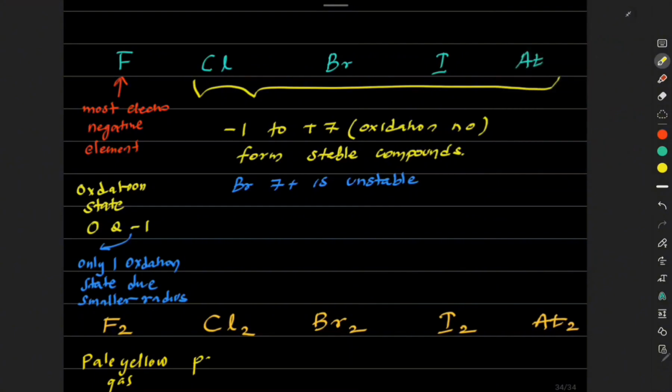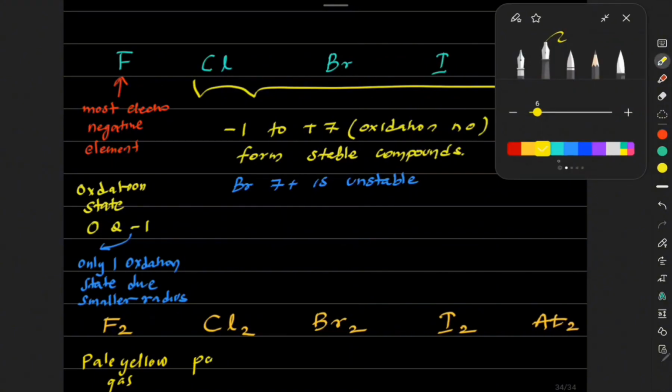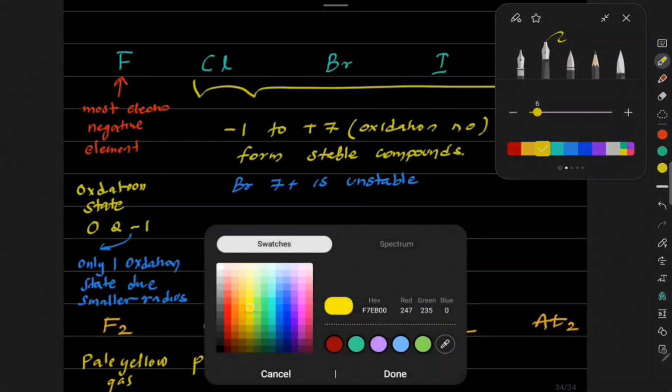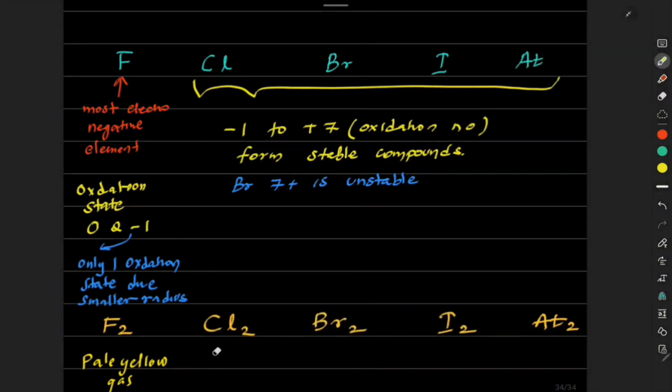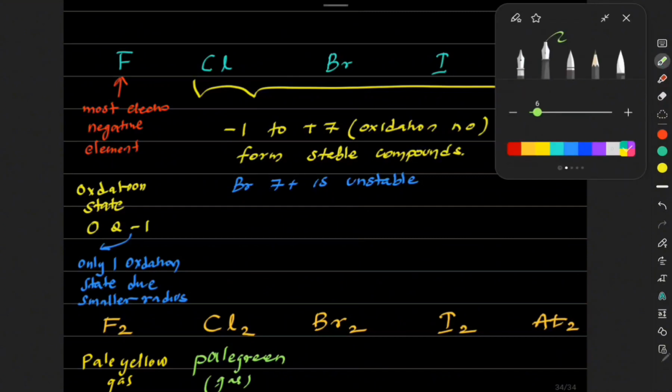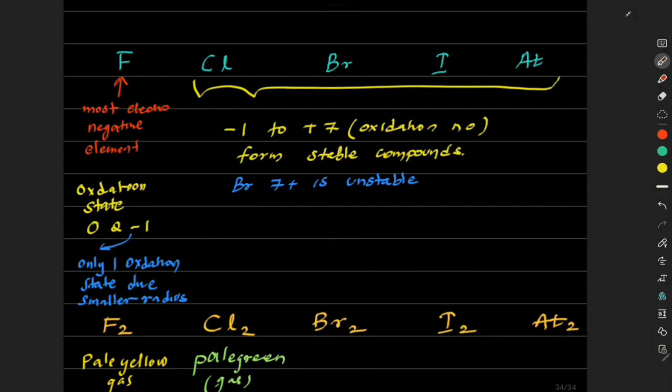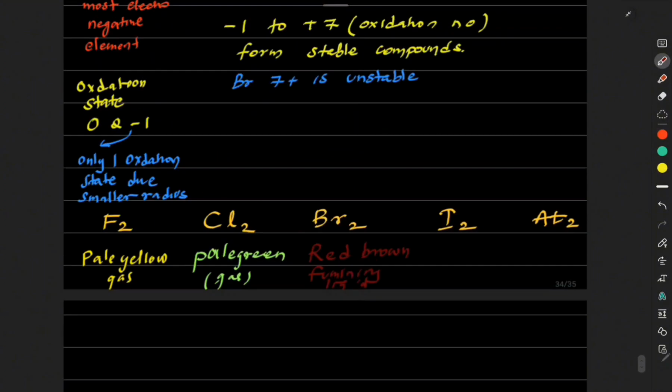Cl2 is a pale green gas. Br2 is a red brown fuming liquid.